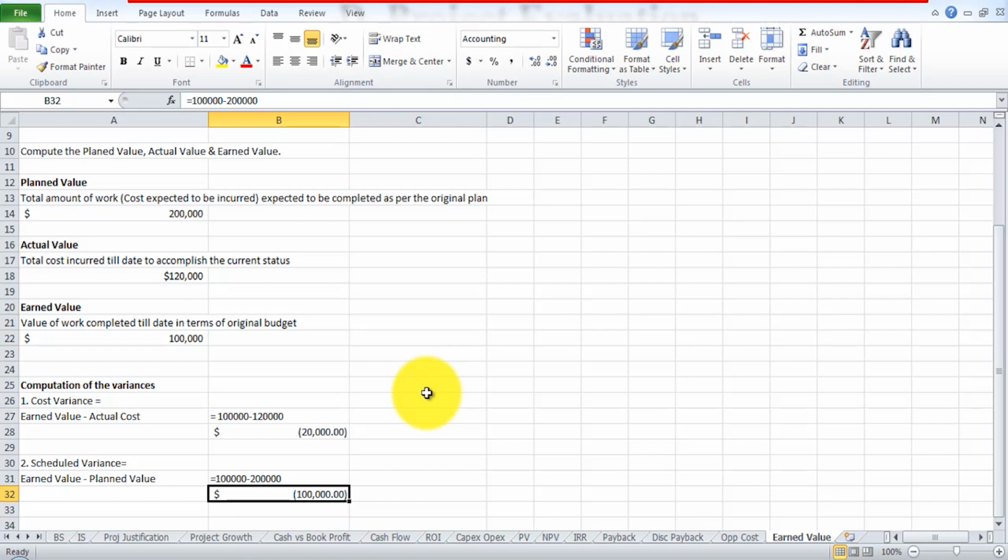But till now, you have only completed 10% of the contract whose standard cost is $100,000. So in terms of the schedule variance, you're lagging behind literally half of the value which was supposed to be accomplished. So these are the two important variances for the earned value analysis.